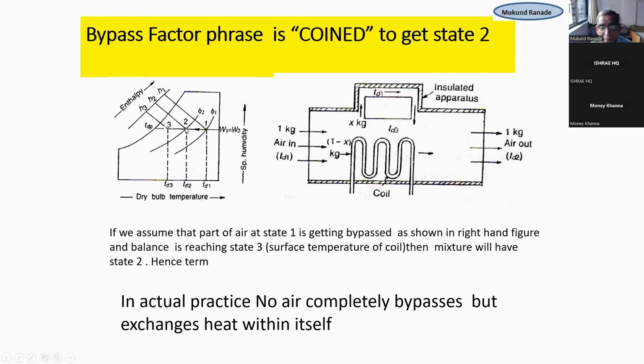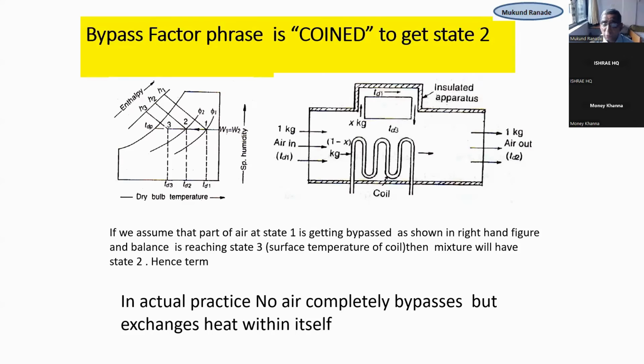So the result is the same whether we assume some air is bypassed or that it is the inefficiency of the coil. That is why the bypass factor phrase is coined to get state 2.